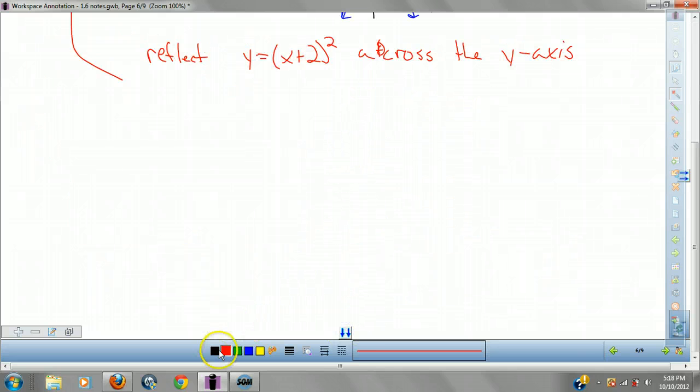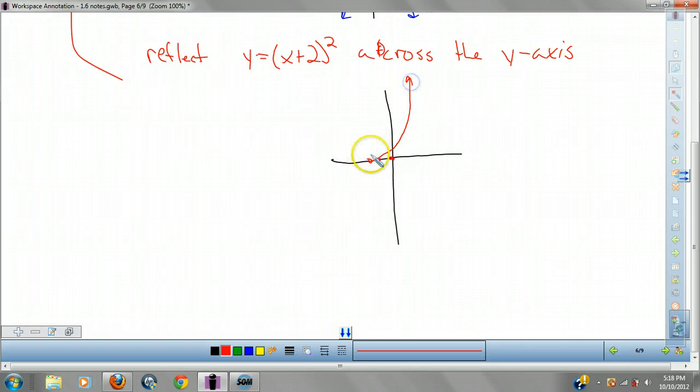Okay, from what we were doing before, I know what x squared looks like, so I know x plus 2 means I'm going to move this point 2 to the left, and I'm going to draw my x squared function, right?